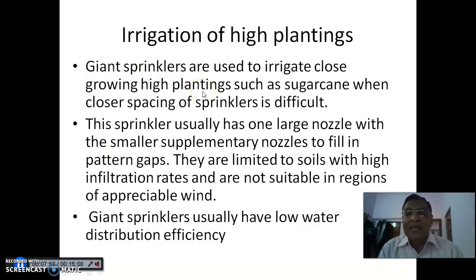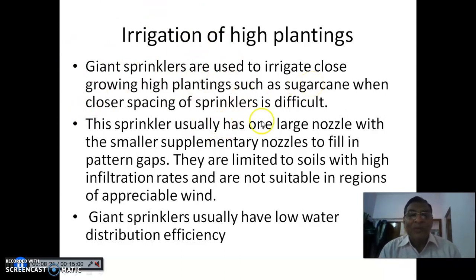So they are used for a very high planting plants, high height. When the height is more, a normal height is around 1 meter or so for any crop. But when you are having this type of sugarcane, the height is extended more than 2 meters sometimes.